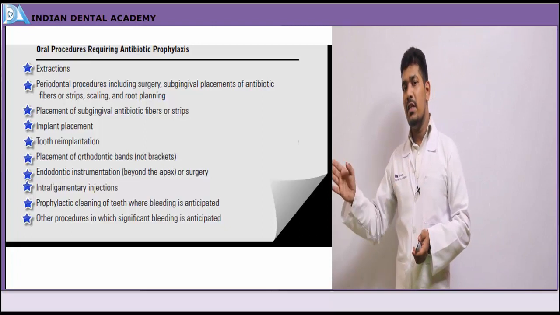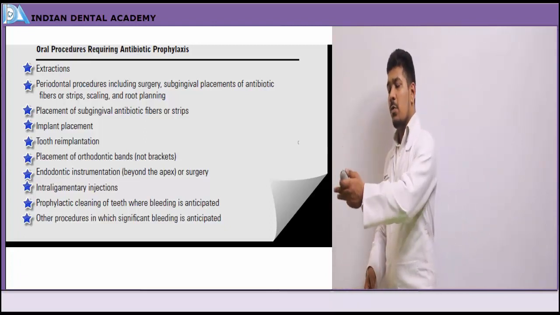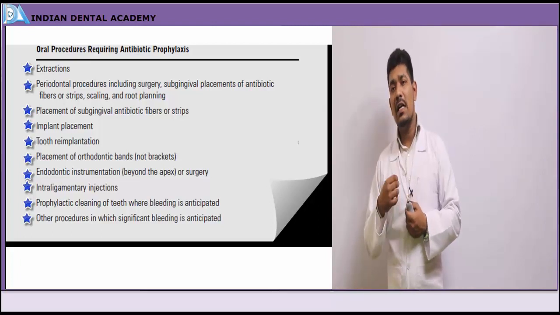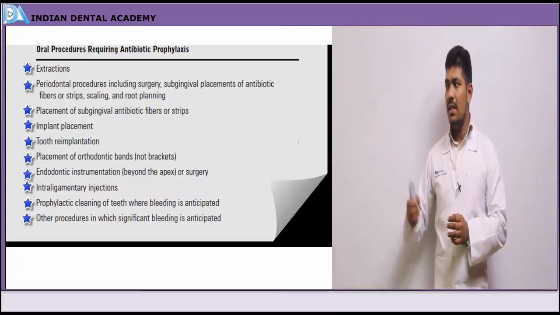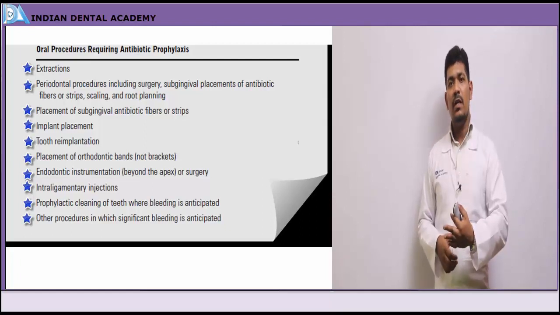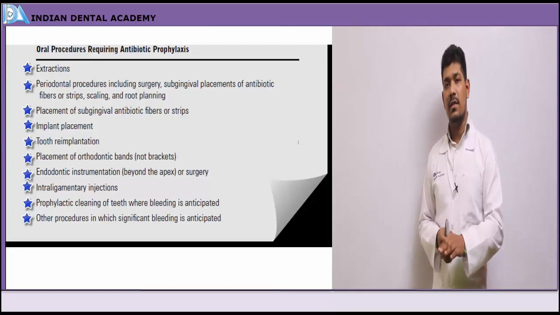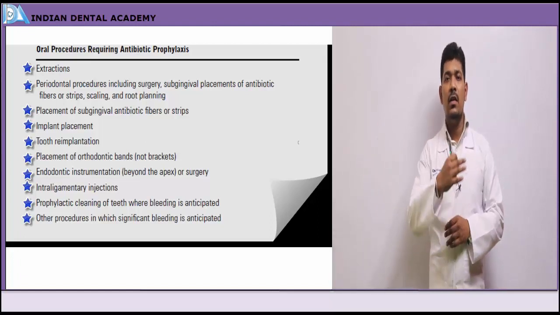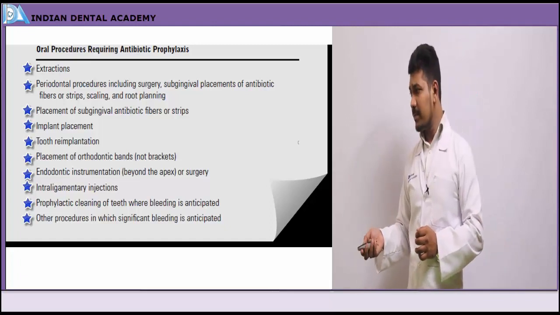This includes everything starting from a simple gum surgery or a flap surgery to implants or even small intraligamentary injections. Anything which is invasive, as you can see in the list, has to be taken into consideration with patients at higher risk, and this prophylaxis has to be given according to the guidelines issued by the American Heart Association.